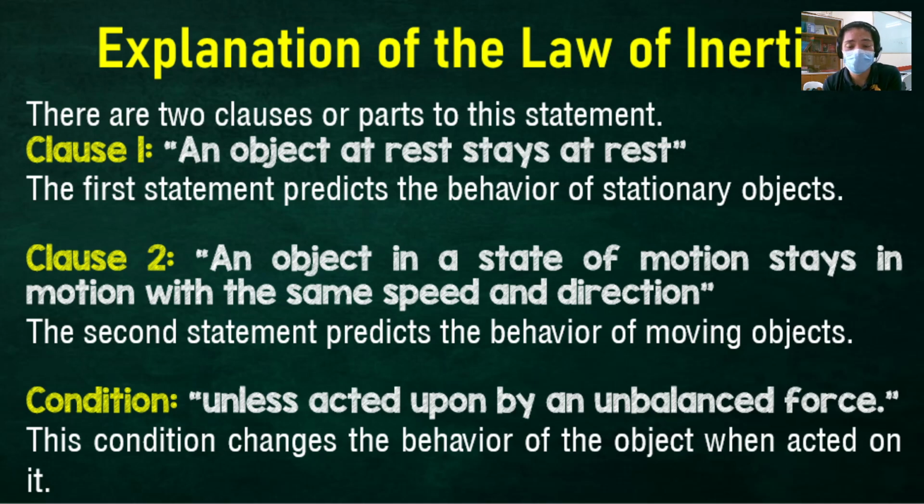It says that if these objects are moving, then they will move forever with the same speed and same direction. But the condition for these two clauses is that unless acted upon by an unbalanced force, they will change their behavior.